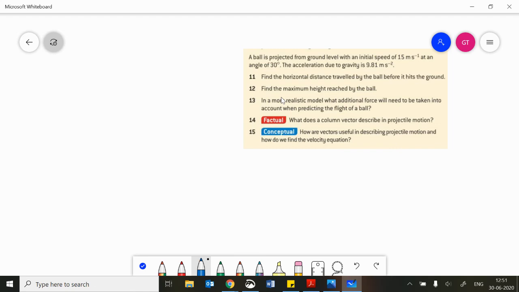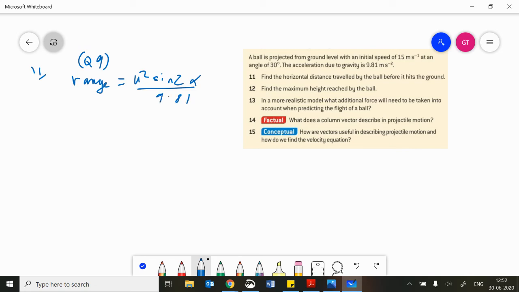find the horizontal distance traveled. For the horizontal distance traveled, we need to find the range, and the range was given by u squared, from question 9. So for question 11, the range came from question 9. That's equal to u squared sine 2 alpha divided by 9.81.